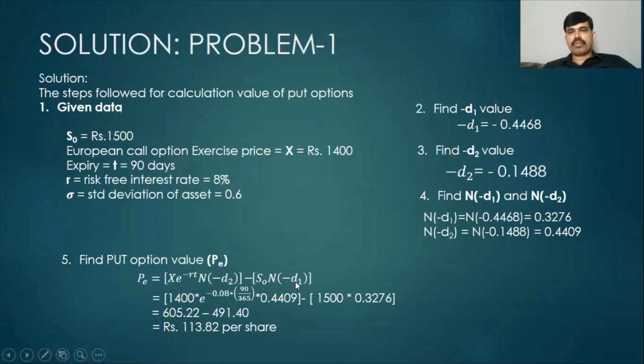And always remember, D1 is always associated with S0, but since we are calculating it for the put option, it will be N minus D1. Exercise price, we will be associating N minus D2 with the discounted value of the exercise price. So if we substitute all the values, we will be able to get the value of the put option equal to 113.82 per share.